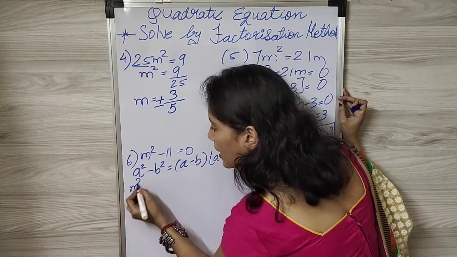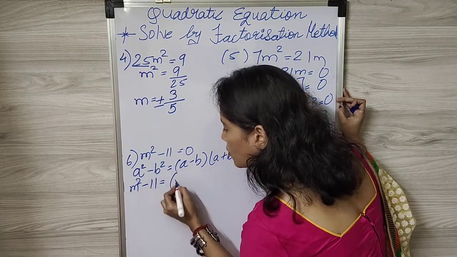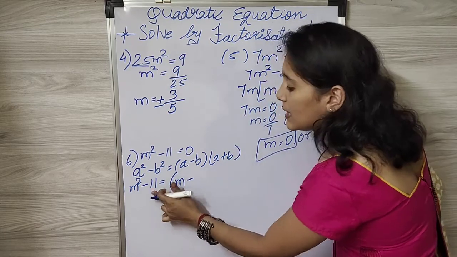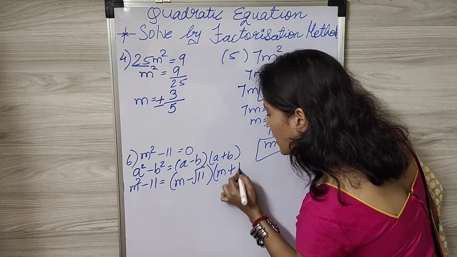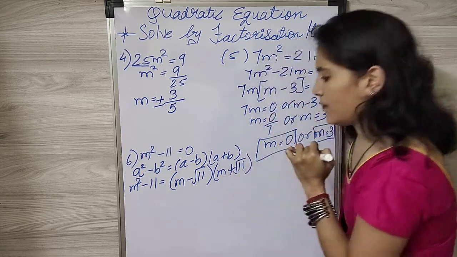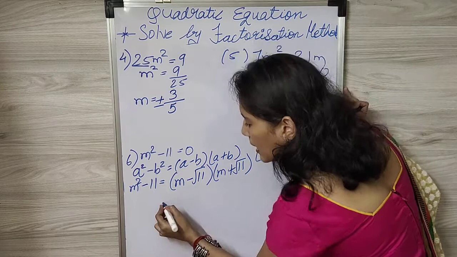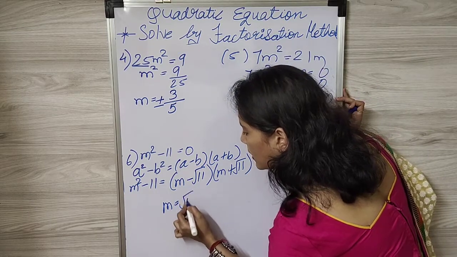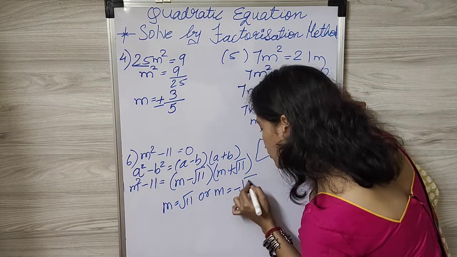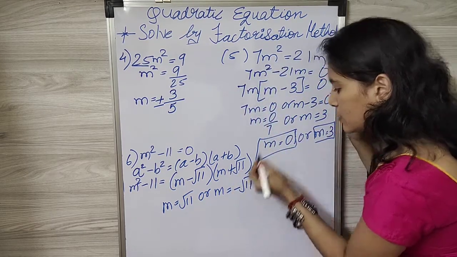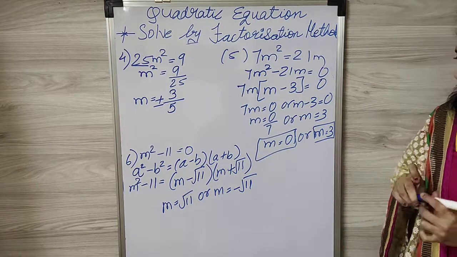So m square minus 11 is equal to m minus under root 11 and m plus under root 11. So m is equal to under root 11 or m is equal to minus under root 11. So your next exercise has been completed here.